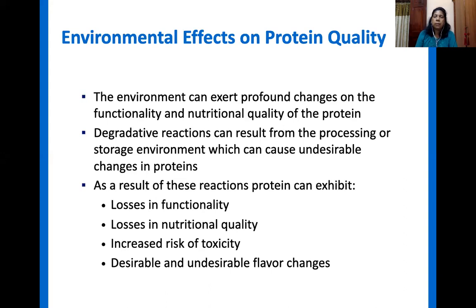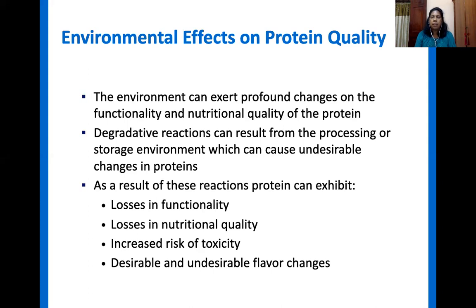Therefore, the risk of toxicity will be increased, because forming this polymer, and that polymer changes into another one. Finally, it will end up with toxic compounds. That is why the risk of toxicity will be increased.